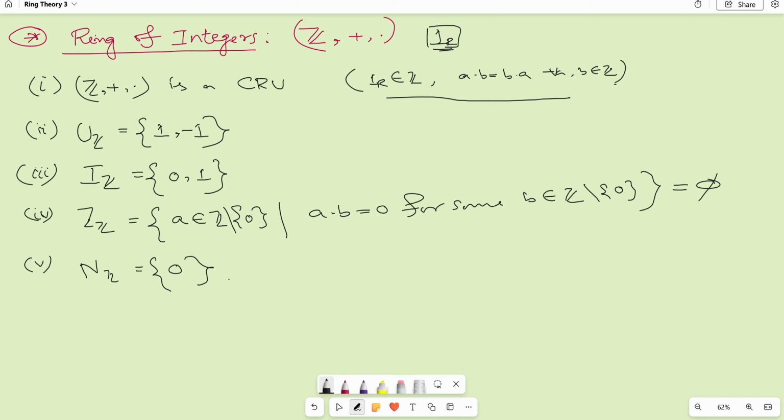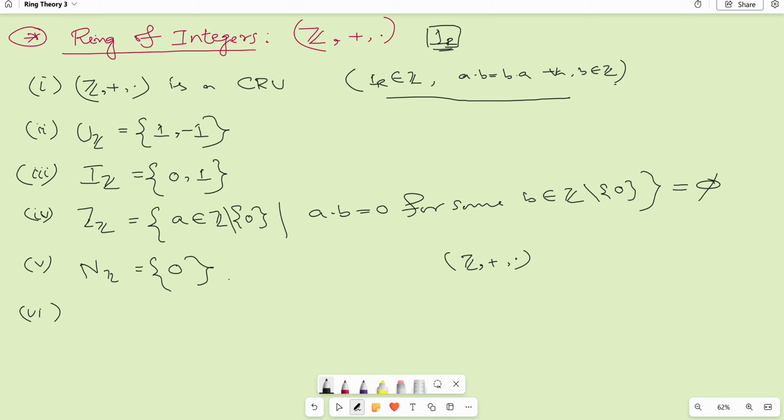Okay, the sixth property. What is remaining? Okay, is Z an integral domain? Z plus dot. What is the definition of integral domain? First of all, in the last lecture I told you about the integral domain.